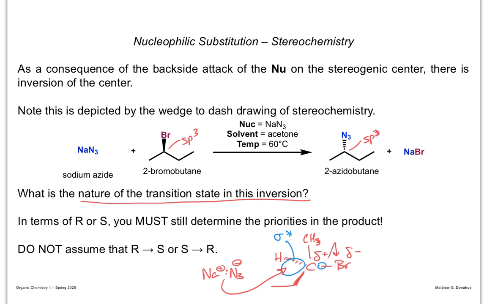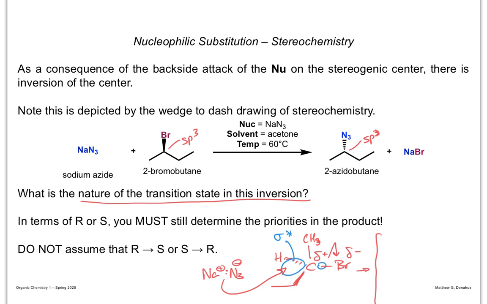Now the transition state is that very short-lived intermediate where you have a carbon-nitrogen bond forming and a carbon-bromine bond breaking. So the carbon has to do something to accommodate that because now it's 5 total substituents.